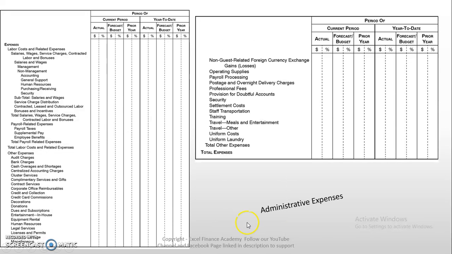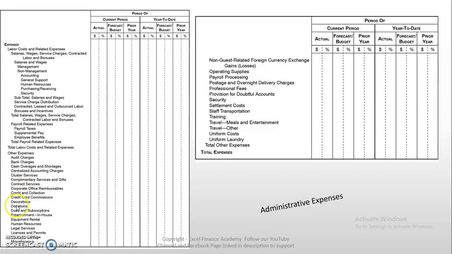Then you have administrative expenses, which is called administration in general. This one has no revenue. However, you can compare it with the gross operating revenue, and the percentage is calculated based on the gross operating revenue of the hotel. You can see the labor cost is the same again: management, non-management, further divided into accounting, general support, human resources, purchasing, security, and other components.